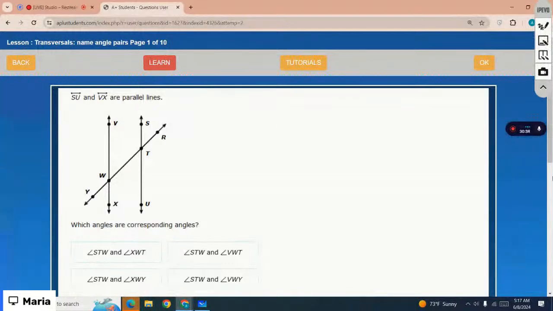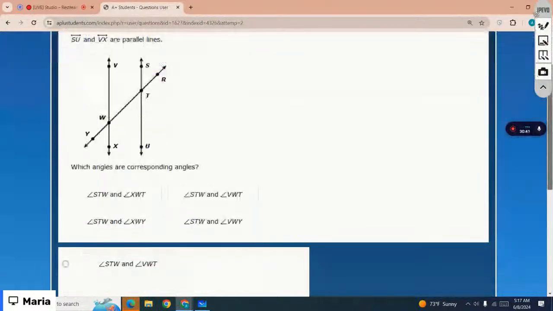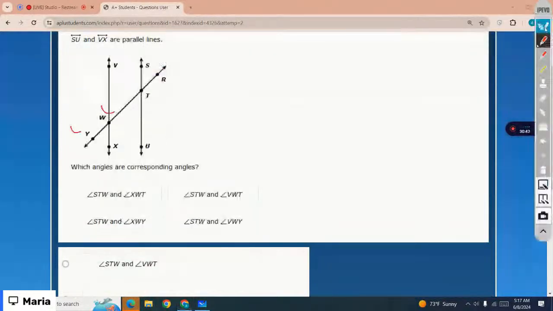Which angles are corresponding angles? Okay, so STW and XWT, no, they are not corresponding angles, right? Then STW and VWT, they are not corresponding angles.